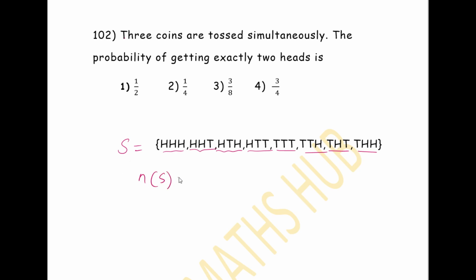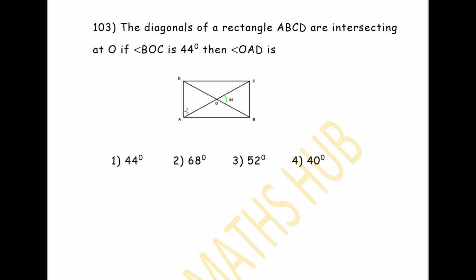Therefore, n of S is 8. Now, what is the favorable outcome? Exactly 2 heads: 1, 2, and 3. Therefore, the probability of event A getting exactly 2 heads is 3 by 8. Therefore, the correct answer is option 3, 3 by 8.